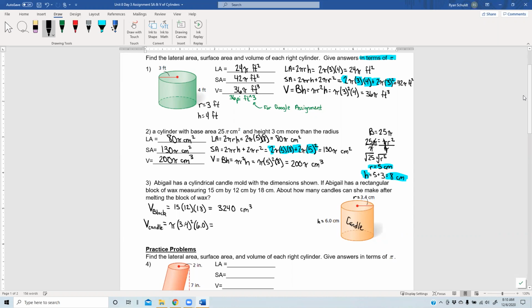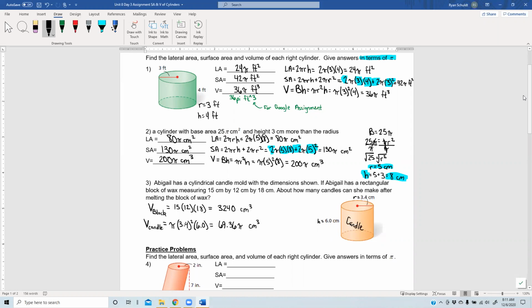Now let's put this in terms of pi for now. So 3.4 squared times 6 is 69.36 pi centimeters cubed. Now you may be asking me, why do I have to leave it in pi? Because when we do the last step, which we're about to do, it'll give you the exact answer.